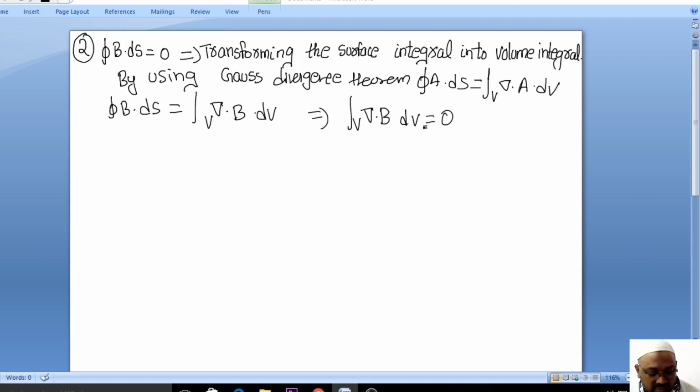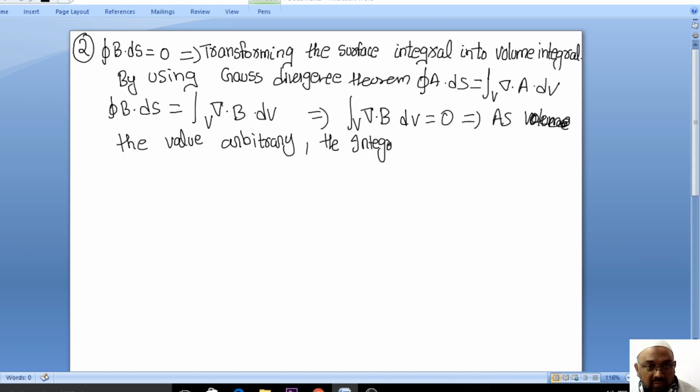As the volume is arbitrary, the integral must be 0. So, at last, del dot B is equal to 0.